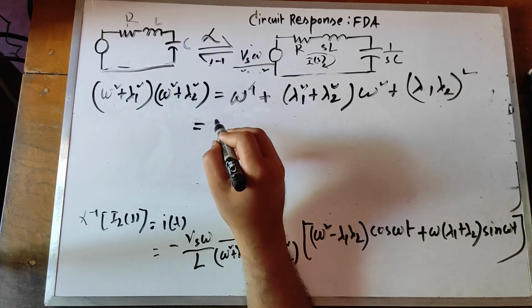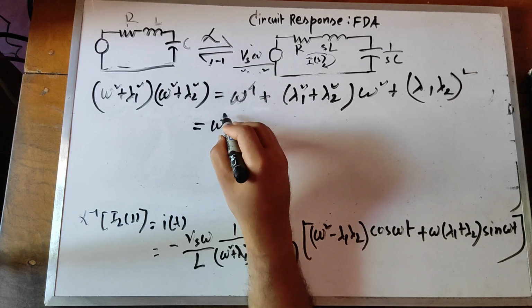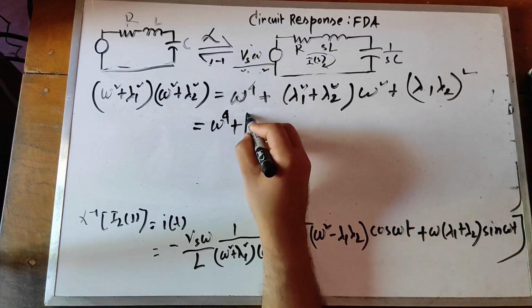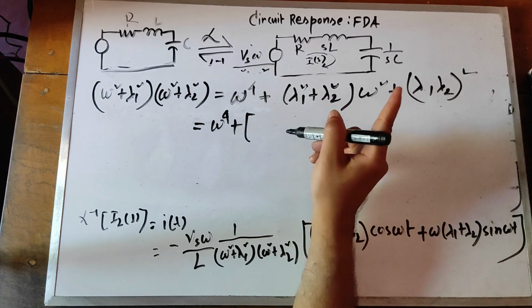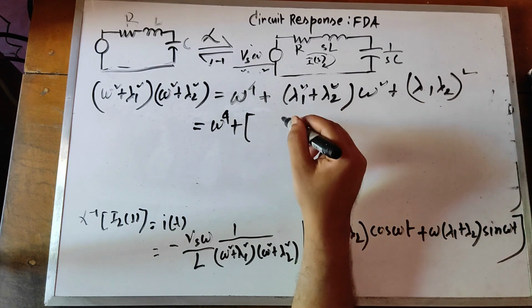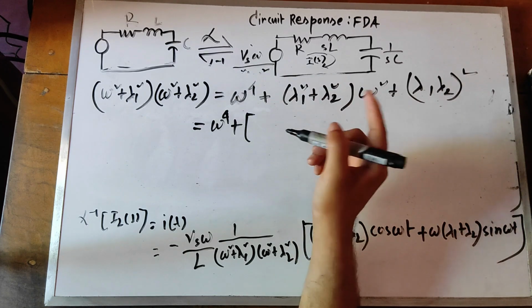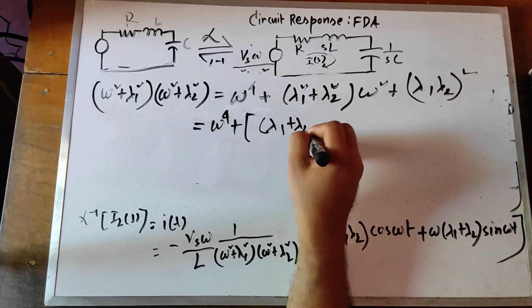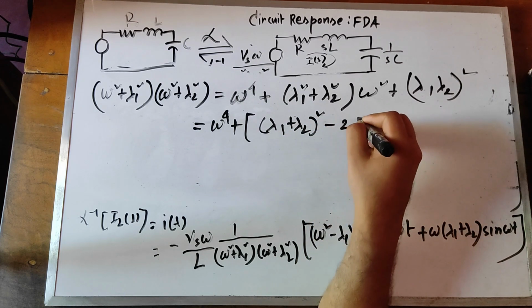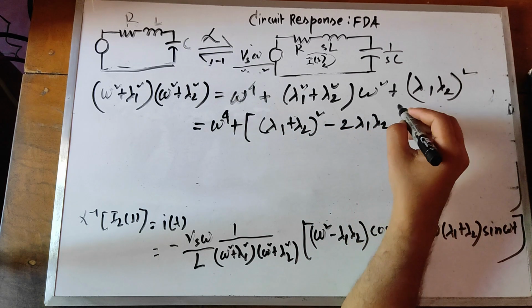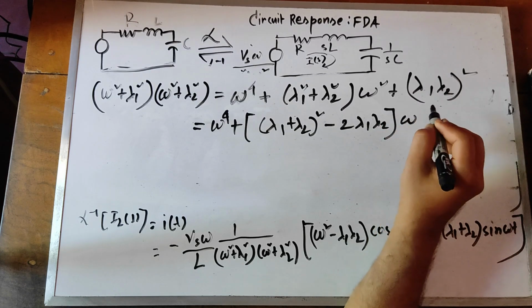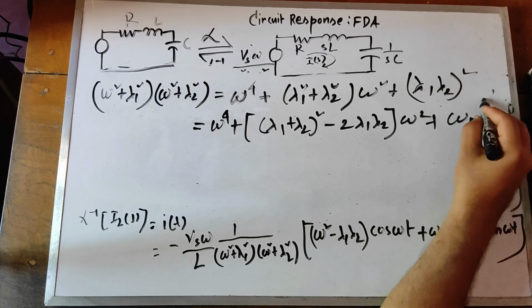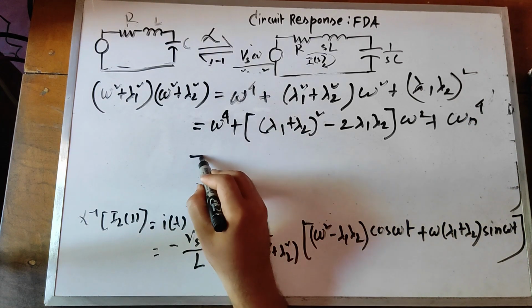So this will give me omega 4 plus, if I use the formula for a square plus b square, it will give me a plus b whole square minus 2ab. So lambda 1 plus lambda 2 square minus 2 lambda 1 lambda 2, with now omega square plus, so this is omega n4.